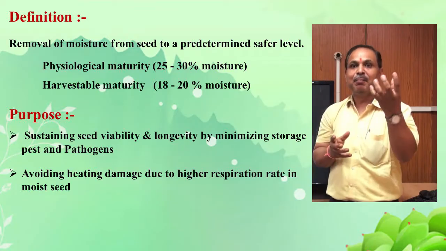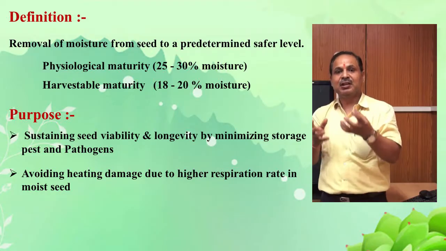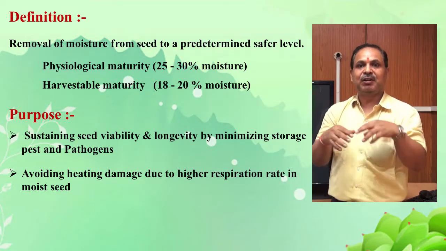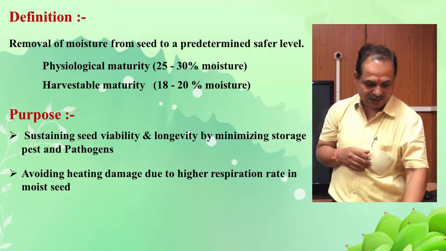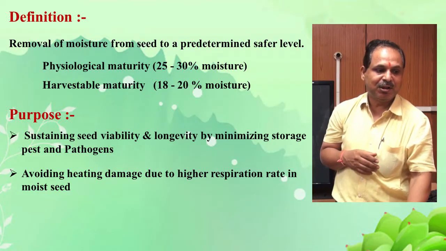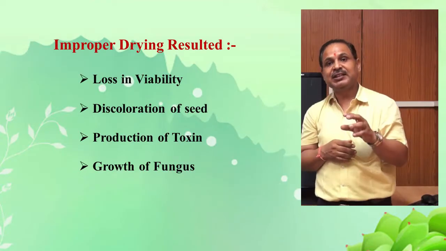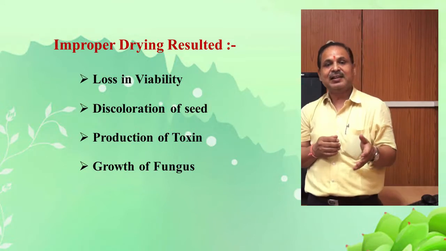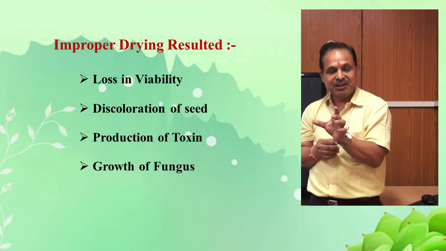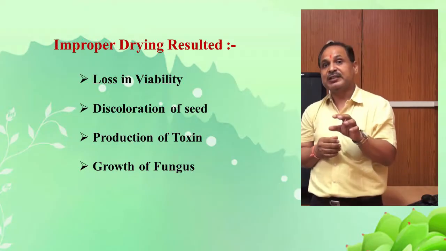If there is much more moisture content in the seed lots during storage, the seeds will respire, and that damages the seed viability and longevity. If the seeds are not properly dried, it results in loss of viability, the seeds will be discolored, and toxins are produced.